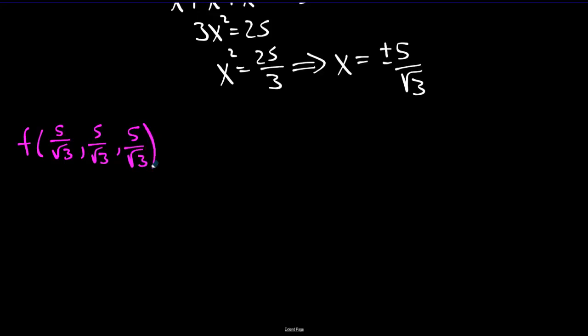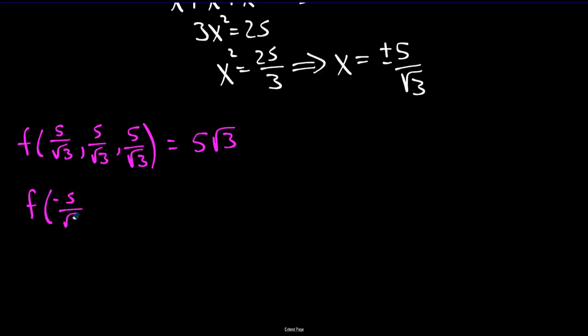So plugging those back into the f function, I computed this a little bit earlier, 5 over the square root of 3. So that's just putting it back into the function. And I did the computations earlier to save time on the video. Then we say, okay, what about this?